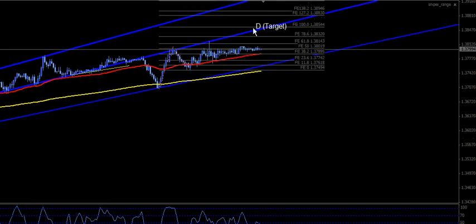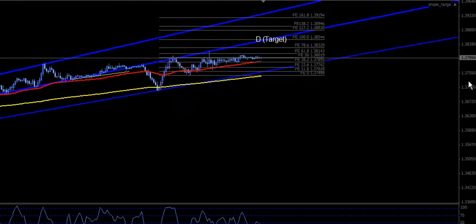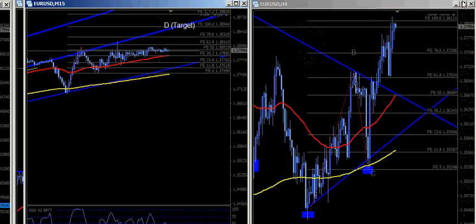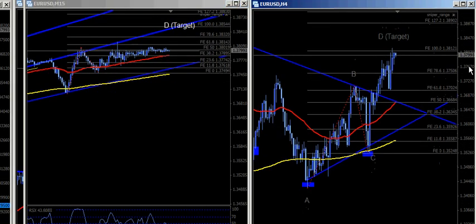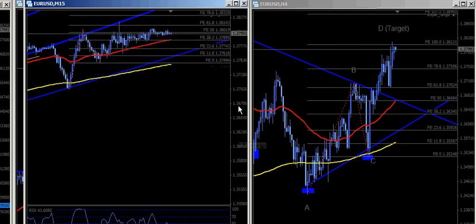A close above that will probably put us back into the upside channel, back up. But if price decides to meander down and close below this 200 EMA, then the likelihood of the 4-hour and the daily trend lines and necklines are probably going to come into focus at that point.